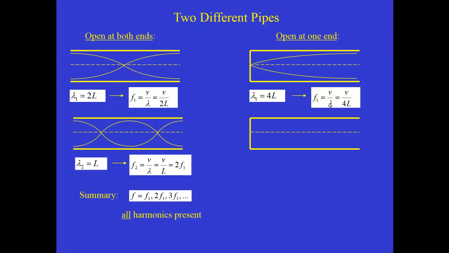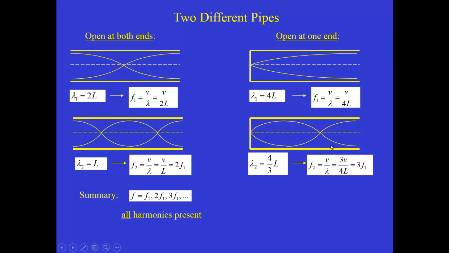And then if we're going to introduce another node into this pattern, for the next higher frequency, we would have a node right here near the open end, so that you'd still get an antinode at the open end. And careful inspection of this shows that the wavelength is equal to 4/3 times the length of the pipe. If we solve for the frequency, we get 3V over 4L.